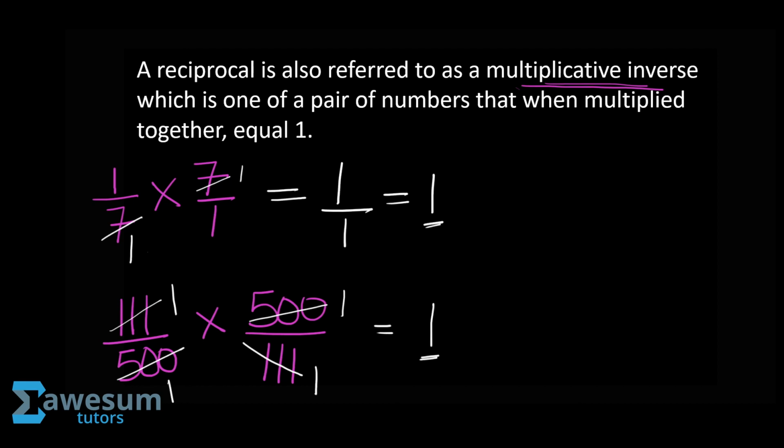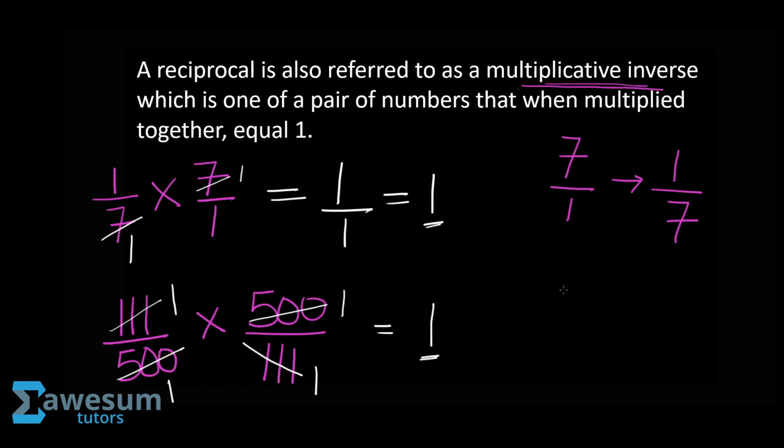One other thing I want to bring to your attention is that you can also be asked to find the reciprocal of a whole number. Let's say 7. If you're asked to find the reciprocal of 7, what will that give you? Take note that 7 itself means 7 over 1, right? So that means the reciprocal is going to be, just flip this fraction, 1 over 7.